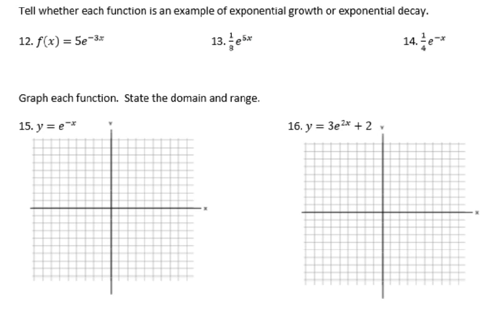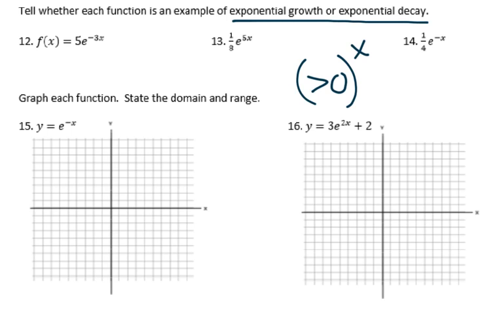Alright, okay, now looking at exponential growth or decay. Remember, when we're dealing with exponential growth, if the number you're multiplying by, the base, is a number greater than 1, basically not a fraction, it's going to be growth.